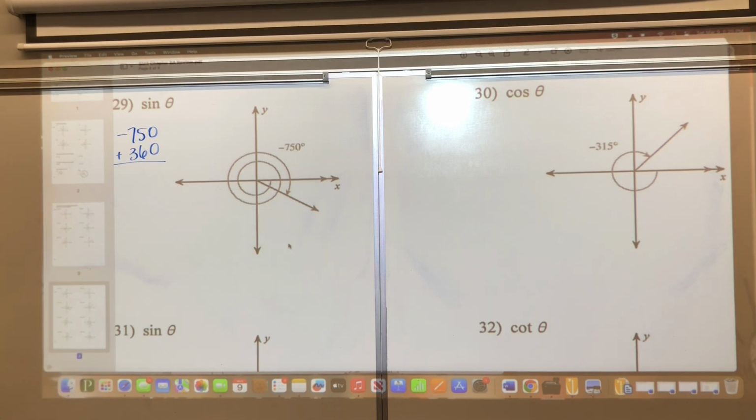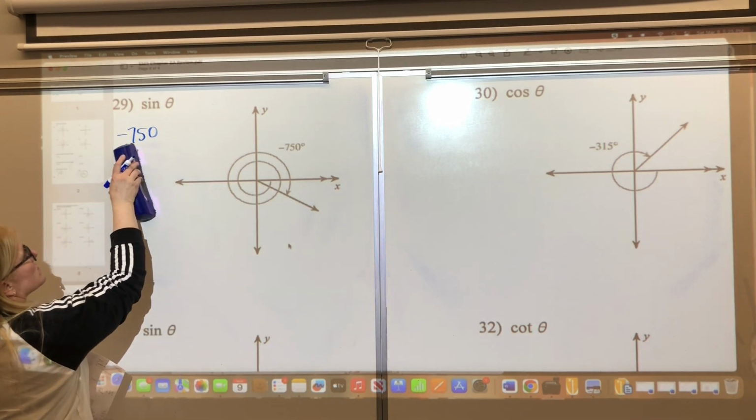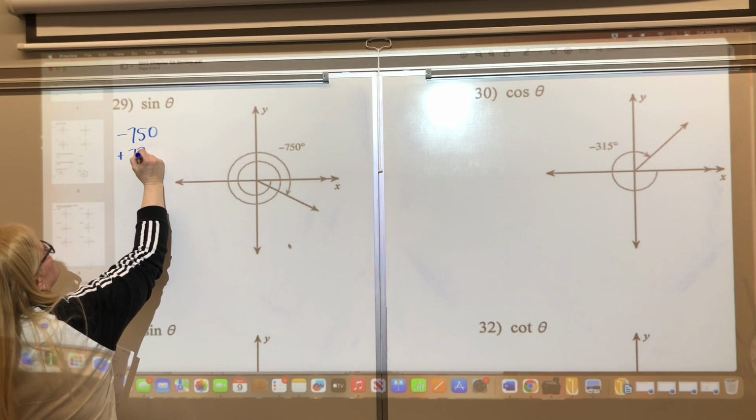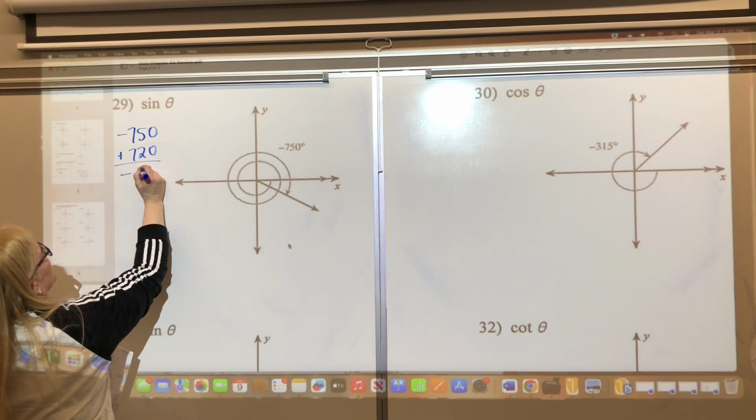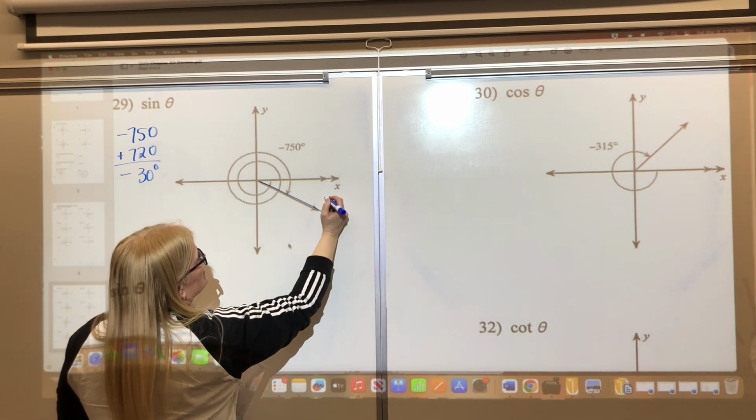So let's see. I actually added 720. That makes sense because it goes around at least twice. So you add 720 to that, you get negative 30 degrees. Okay, so that is 30 degrees.